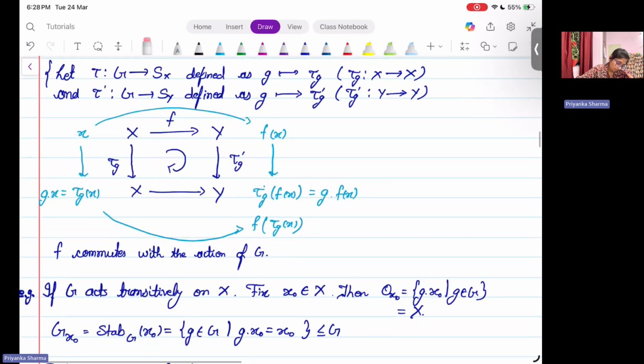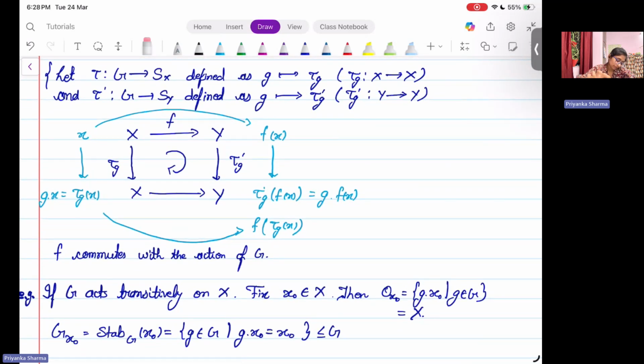Now, how can we pictorially represent the morphism? This is a representation.